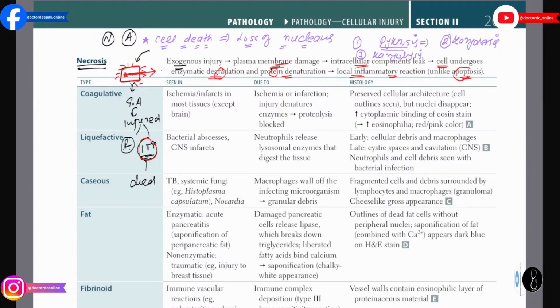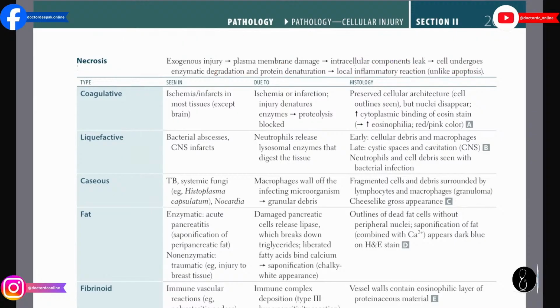So here I want to give you one important table of differences which you can remember, especially as a difference between apoptosis and necrosis. They can also ask you this in the exam: what is the important difference between necrosis and apoptosis? So here I am going to mention some important differences between apoptosis and necrosis.